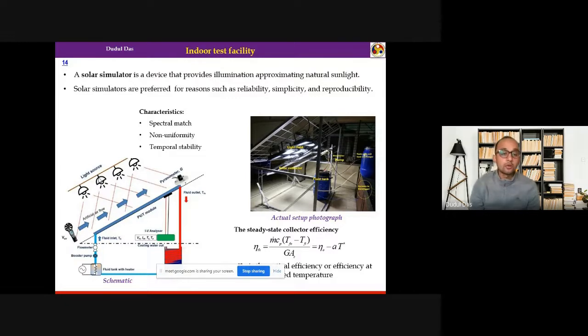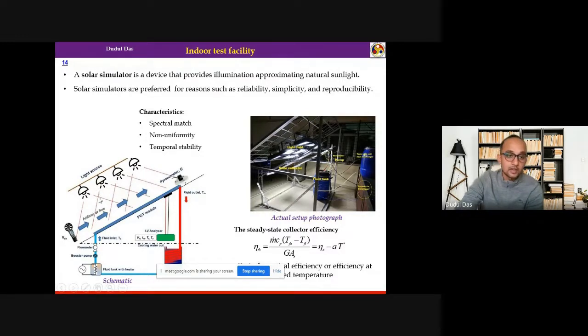So when we have to carry out experiments on 2 or more solar collectors, it becomes very difficult to maintain the same ambient or environmental conditions. That's why we use artificial lights in order to generate similar outdoor conditions inside an indoor setup. So this is the light source.